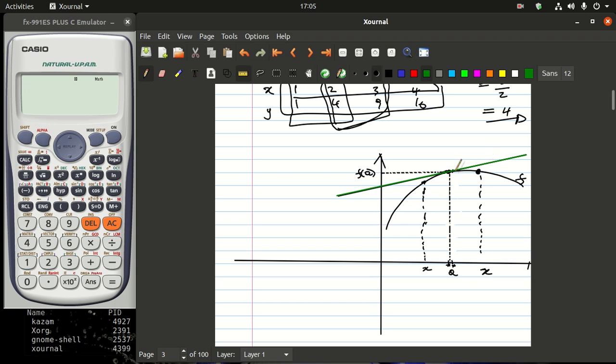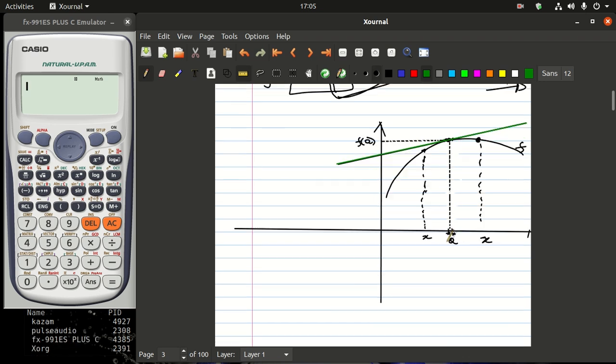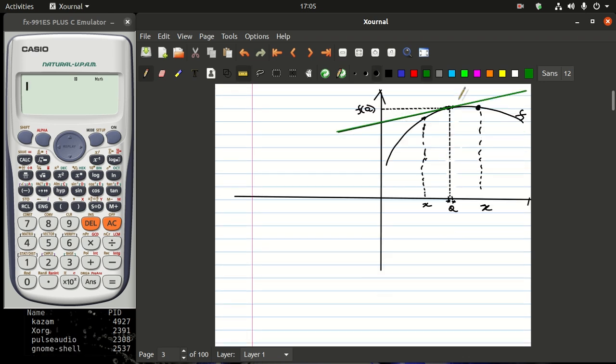I pick the point so close on the right, point so close on the left, such that the difference cannot be seen between this point X and A, this point X on the left and A. Now, how can I say that mathematically, that I've picked 2 points that are so close, right?